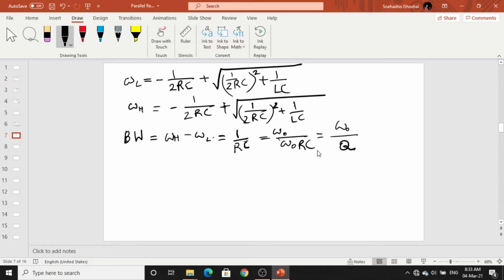Clear? And that's why we can also write quality factor is omega naught by bandwidth, or omega h minus omega L. Again, omega L into omega h, multiply them and you will get omega naught square. So in other words, omega naught is root over of omega low times omega high. Clear?